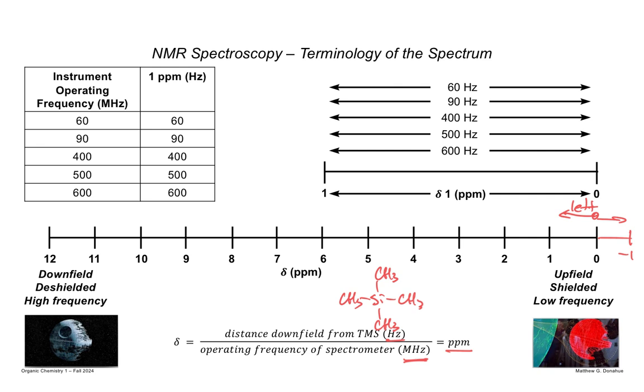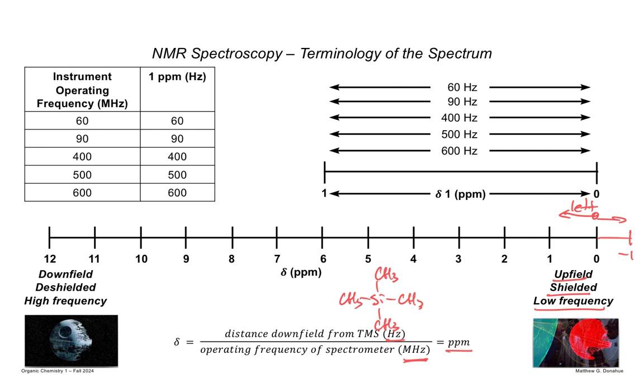Some old-timey historical terms. Again, it takes me 5 to 10 seconds to calibrate myself to these every time I'm talking about NMR, but towards 0 is called upfield. That relates to the field strength of the magnet. It's also called shielded, and it's the lower frequency.